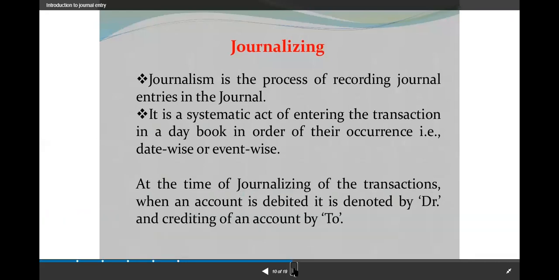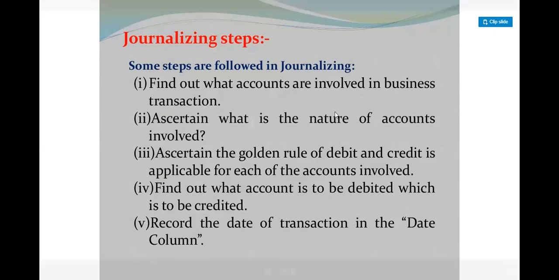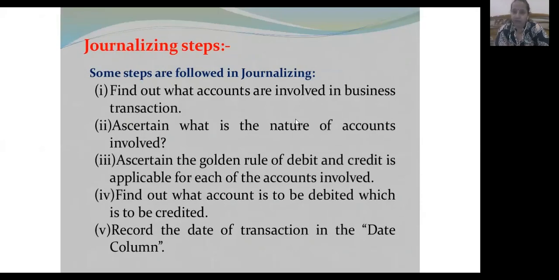Now next we see how to journalize, the steps. अब आपको करना क्या है? Simply when we will be reading up any transaction, you have to find out which account is debit, which is credit. अब debit and credit is very, very clear to you all, right? Now this is clear that which account is to be debited, and मुझे debit कैसे calculate करना है, how to calculate credit, which account is debited, which account is credited.